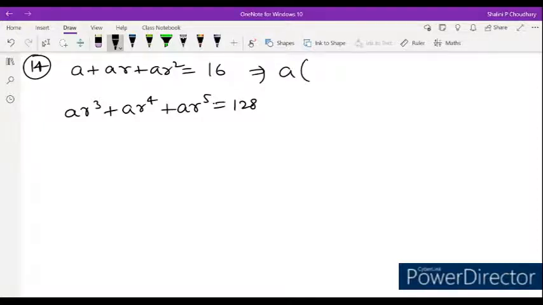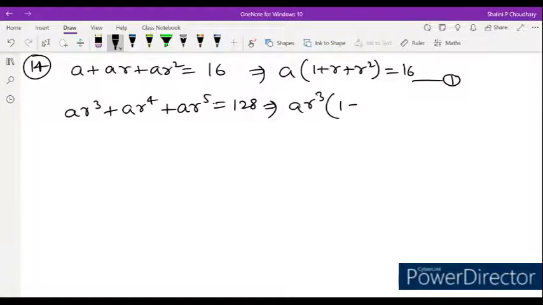Now, taking a common in the first equation, we get a into 1 plus r square is equal to 16. Equation 1. And here we can take ar cube common, so we'll get ar cube into 1 plus r square, and that is equal to 128. Equation 2.